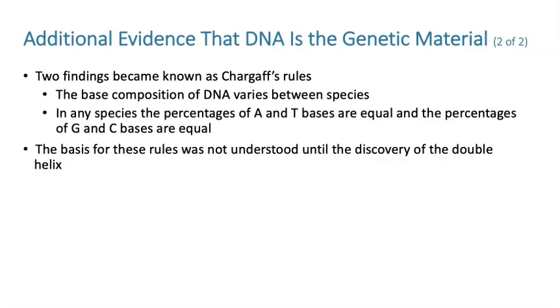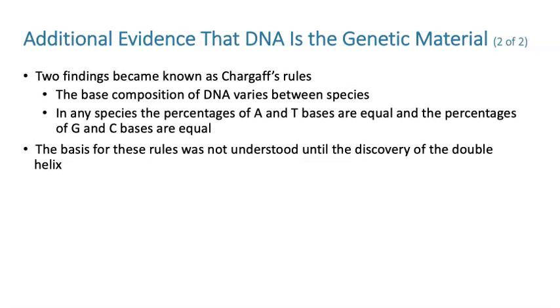There are two main things that Chargaff came up with, and Chargaff contributed to our understanding of DNA as well. What Chargaff said was that the base composition of DNA varies between species.